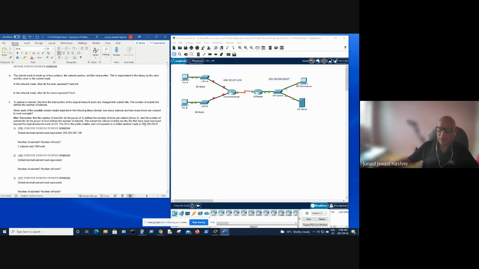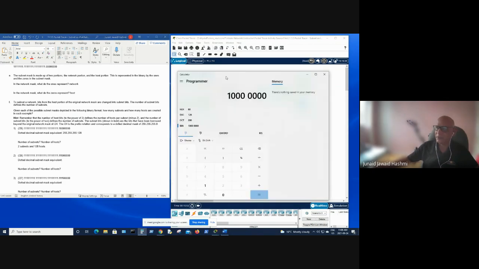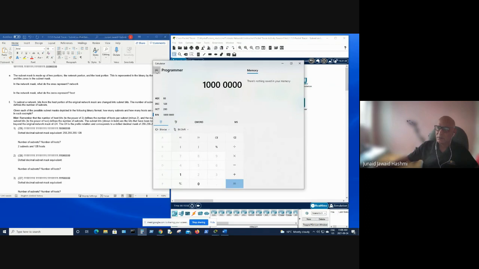So we borrow one from the network portion. Okay. We can use the Windows calculator here. You can use the Windows calculator, scientific mode. 2 to the power of 1 equals 2.